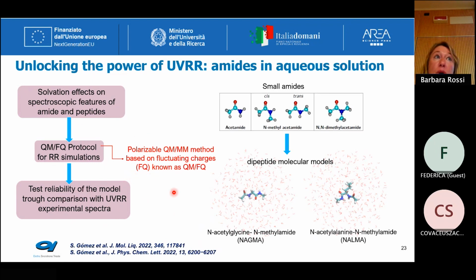This is a very important point because usually quantum mechanical models treat the solvent as a continuum. It's very important to take into account also the specific hydrogen bonds of the solvent at the specific surface of, in this case, an amide or small dipeptide.